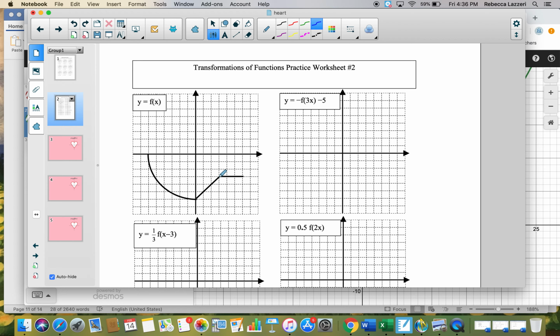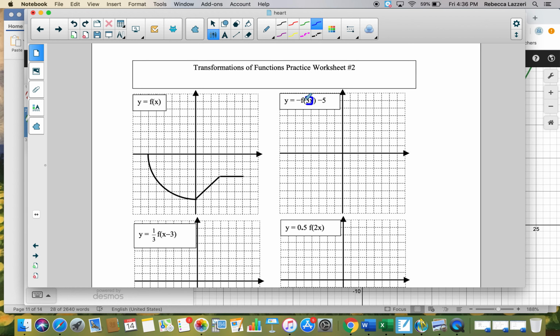So all of the points going across on the x-axis will be divided by 3, not multiplied by 3. What I mean is, pick some points, like this point, which is out 1, 2, 3.